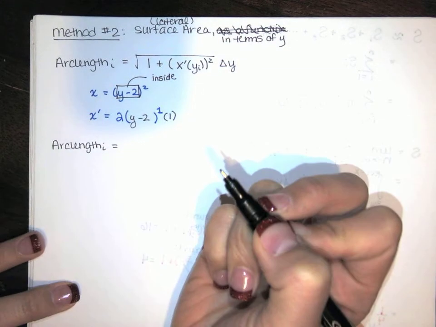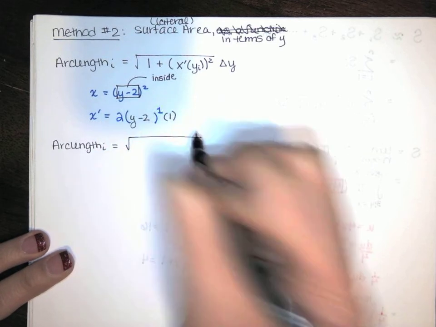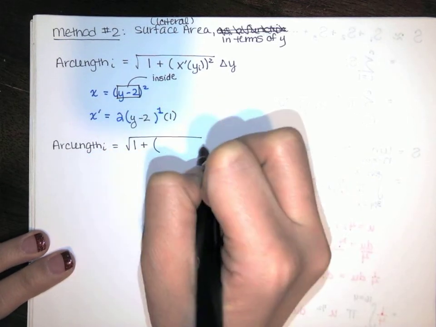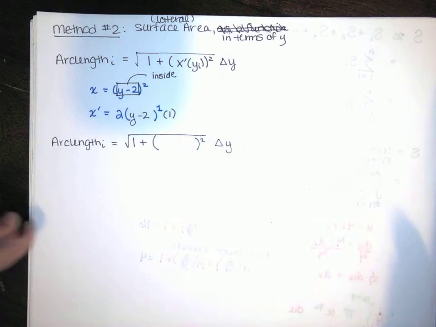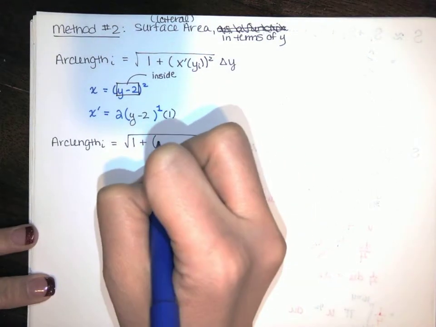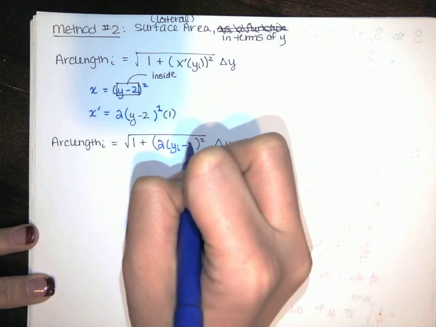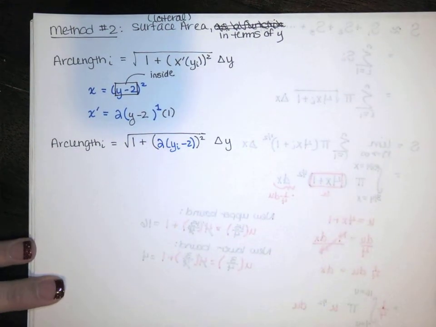So arc length is the square root of 1 plus x prime of y sub i squared times delta y. So it looks like we've got 2 times y sub i minus 2 squared.